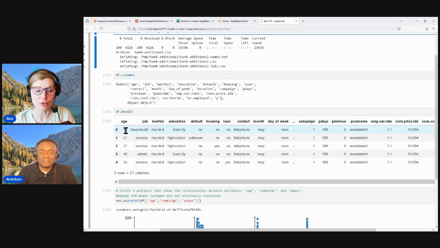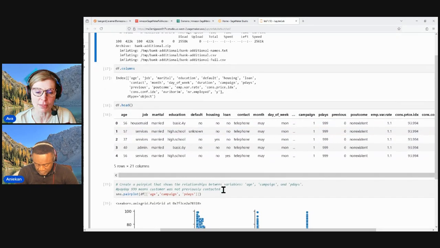For example, here we have a 56-year-old married housemaid, and they've been contacted, etc. And then pdays is going to mean when they were contacted most recently. If it's 999, it means they were not previously contacted. So it's just using an encoding for that, 999, to represent that.